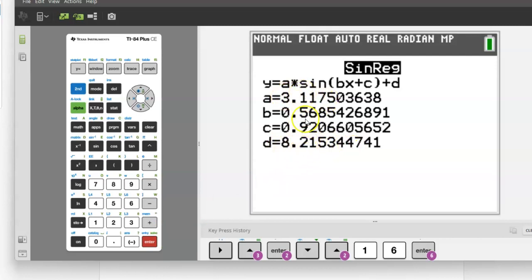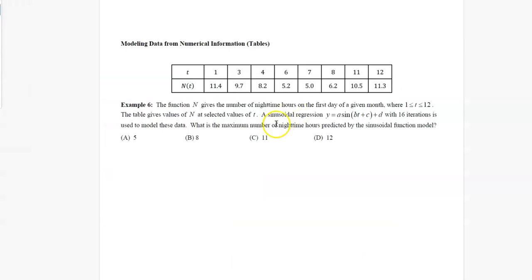When you add this up, you get 11.33-ish, 11.34-ish. Are you good? The maximum is 11.34-ish. I think you're supposed to look for the closest integer. So the answer is going to be letter C.